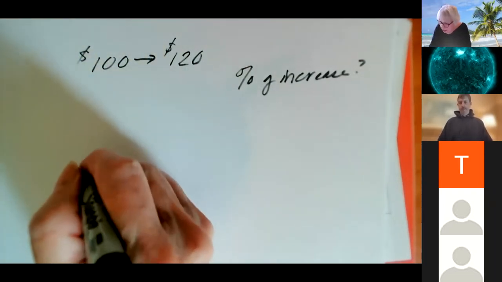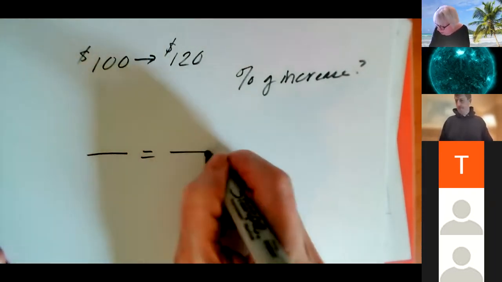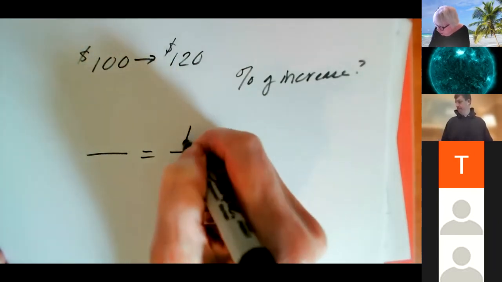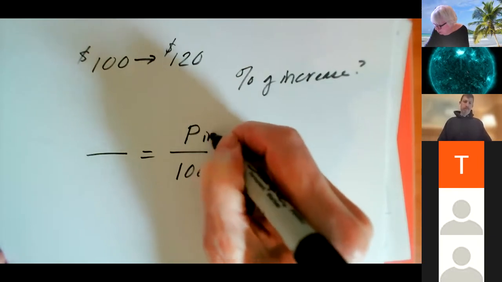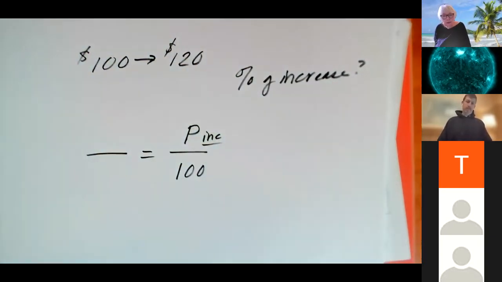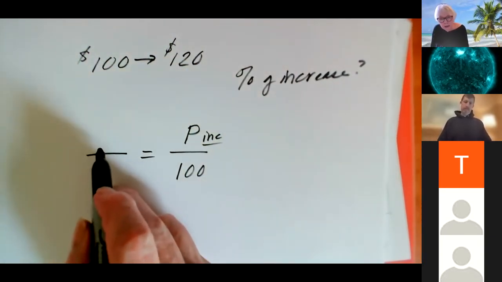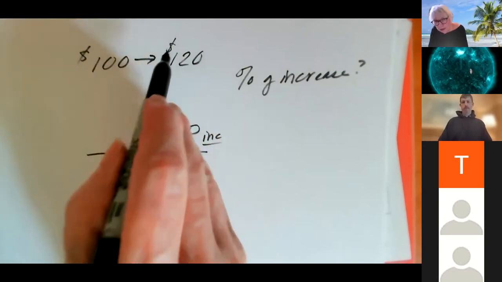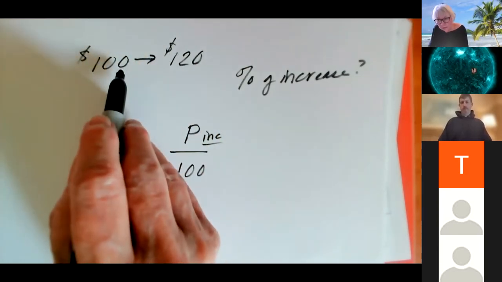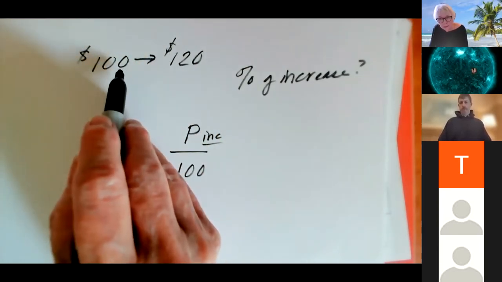So when you set this up, the percent of increase, I'll make it P over 100, a percent of increase, just to make sure. This has to be the amount of increase. What number goes here? It's the part you're annoyed about. You're not annoyed about 100, are you?